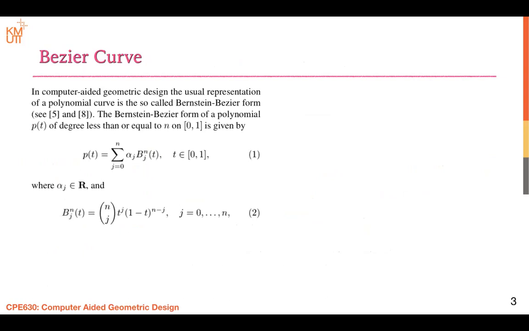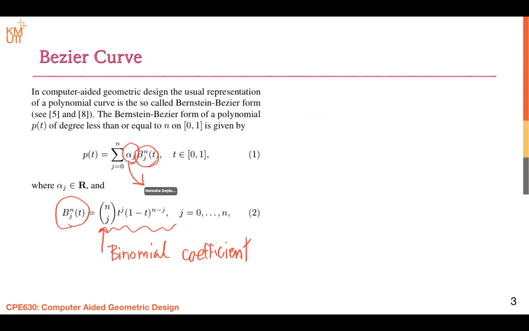Okay, so we have to start from the Bezier curve. Maybe I will review a bit about the Bezier curve. If you start from the Bezier curve, you have the convex combination of the Bernstein polynomials, and Bernstein polynomials can be written in terms of the binomial coefficient, which is normal, and then multiplied by alpha j.